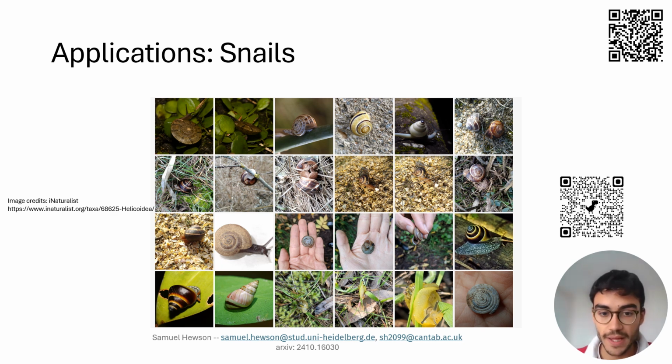And so in this case, the network was trained on large numbers of images of snails. And then the network is learning something about what it means for an image of a snail to be parity violating. So understanding something about the geometry of the system.